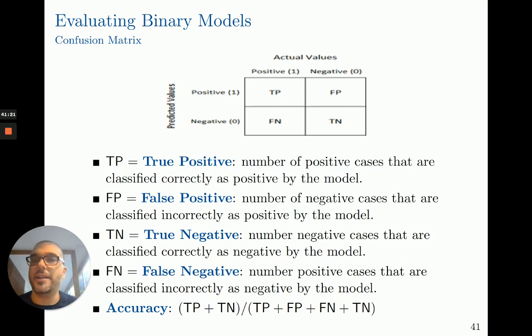But how can we do that with binary models? So the first thing is the confusion matrix, where we have the actual outcomes and the predicted values in a table. So it's a 2 by 2 table with 4 entries.